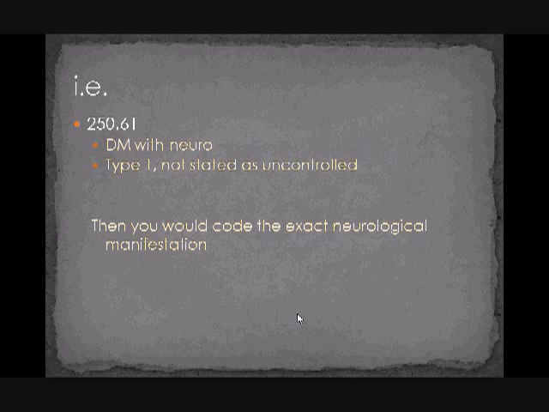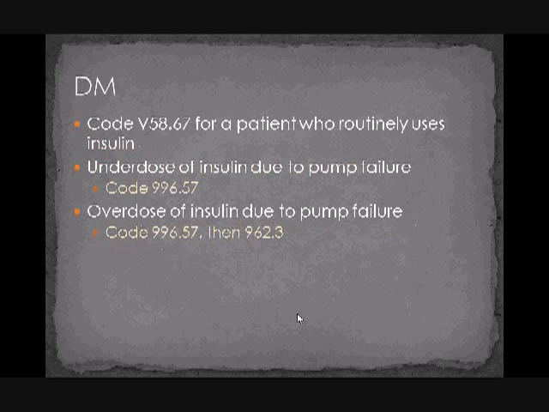So if you had a person who had diabetes mellitus with neurological manifestation, it would be 250.6. Now, if you were to say that it was type 1 diabetes, then we have to tack on 1 for not stated as uncontrolled. And then you, of course, also code the actual neurological manifestation, whichever it happens to be.